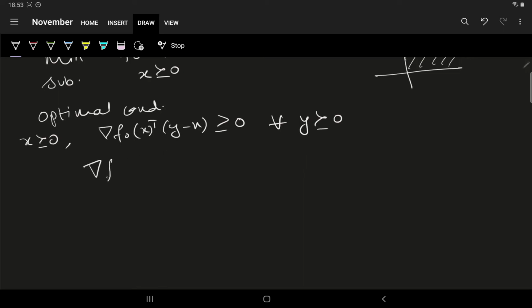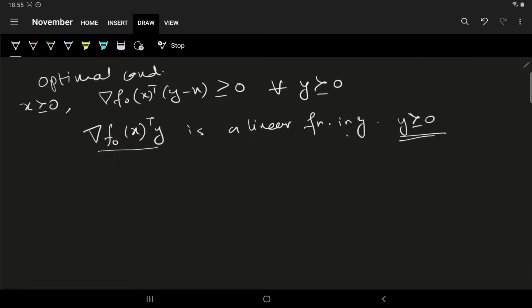So del of f naught of x transpose y is a linear function in y, and we can see that it is unbounded below in y, in the non-negative orthant of y, unless this holds.